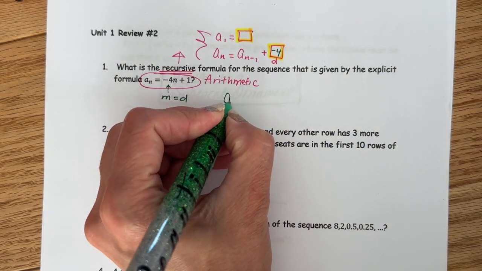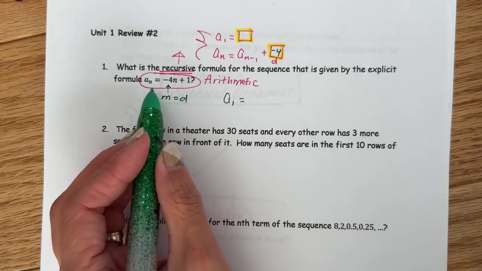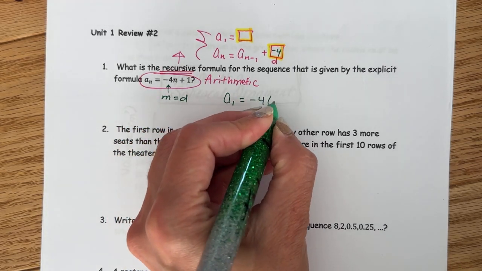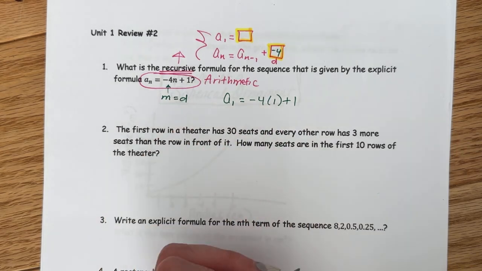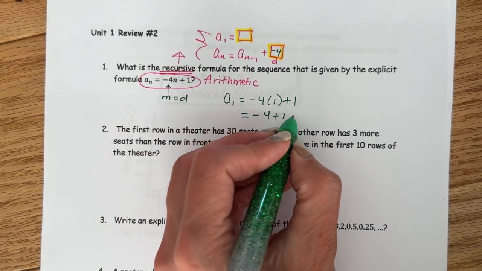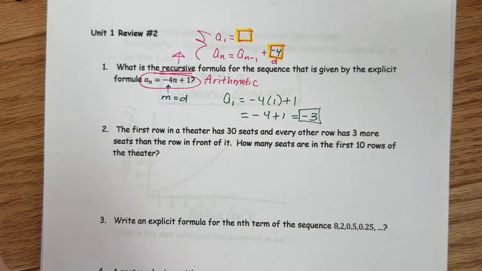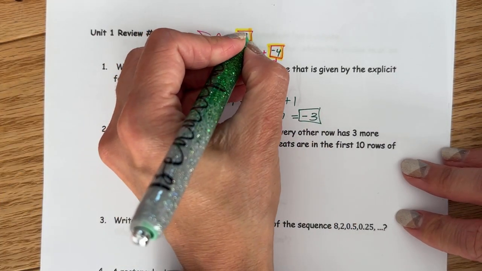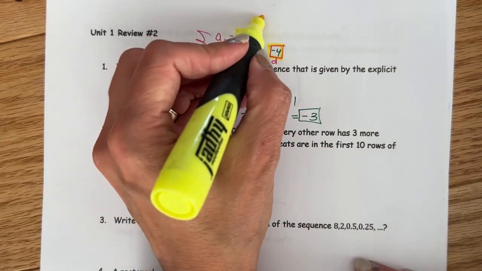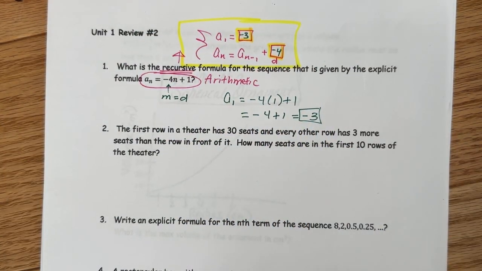To find a1, you just replace the n with a 1. So it's negative 4 times 1 plus 1. Negative 4 times 1 is negative 4. Negative 4 plus 1 is negative 3. And there is my first term. So here is the recursive formula. That answers number 1.